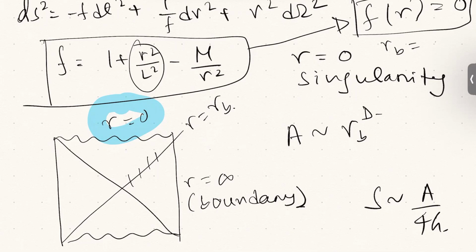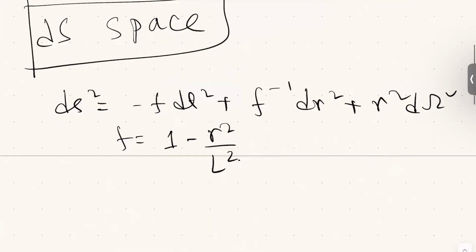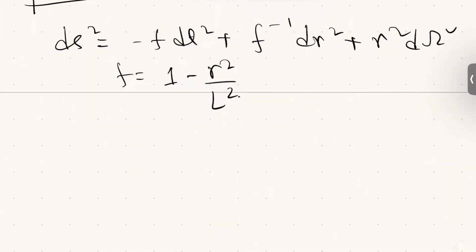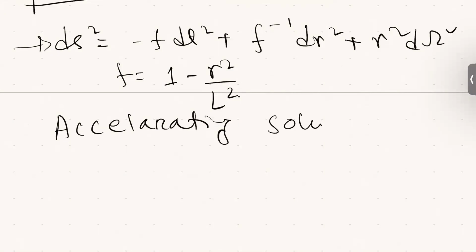But we have a singularity here, right? But in this solution, the solution I wrote here, we don't have a singularity here. But this is a solution to Einstein's equation, which is accelerating. This is an accelerating solution, right?